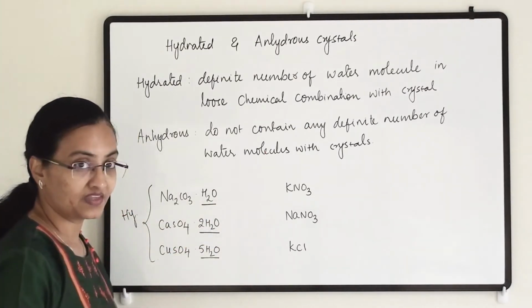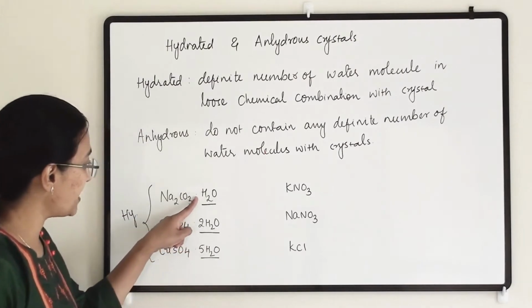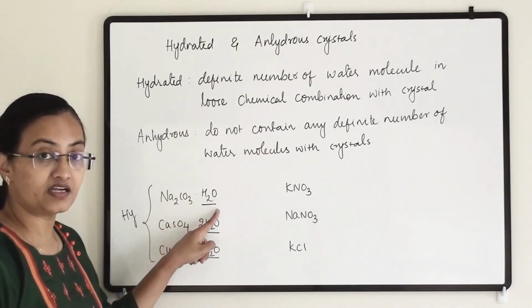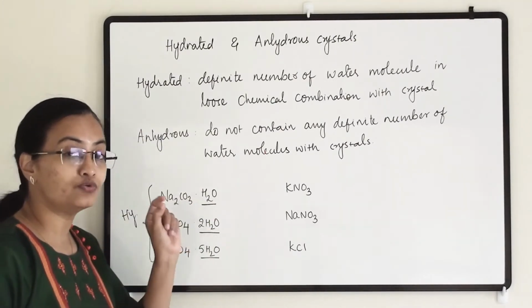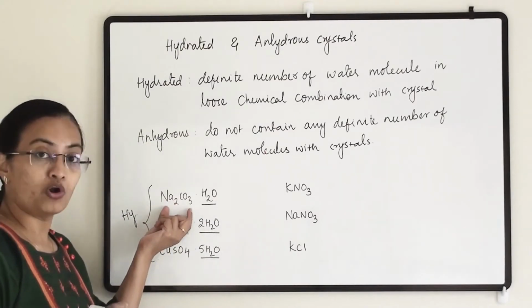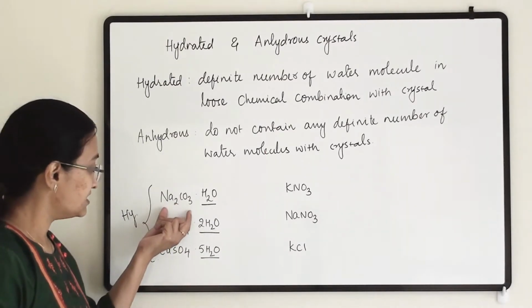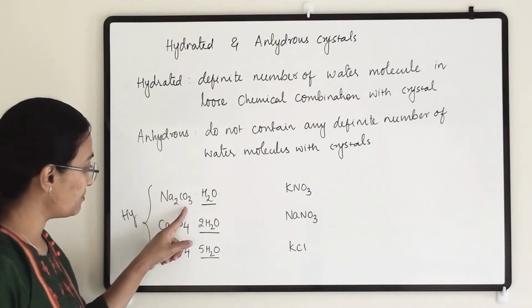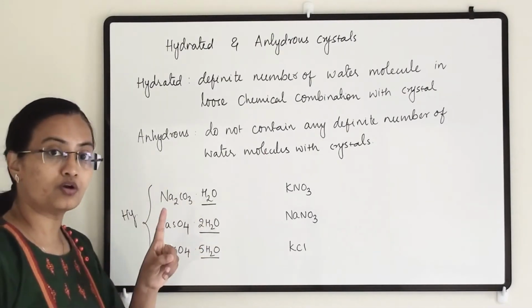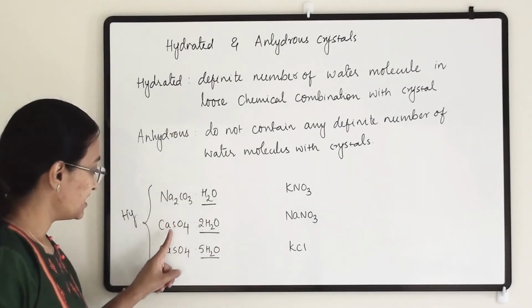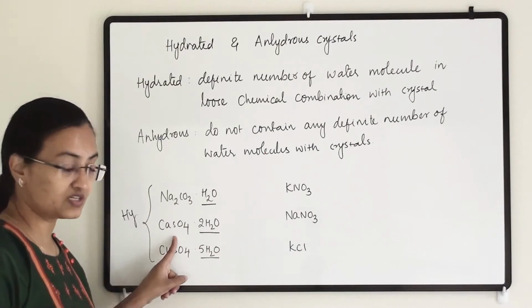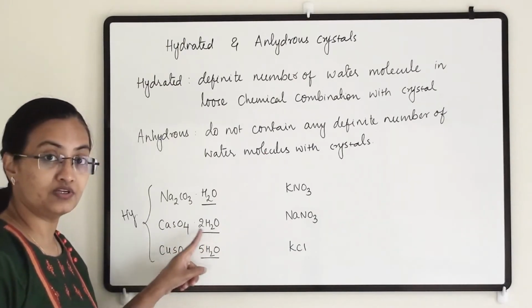We write a dot and then a definite number of water molecules attached to the molecules of the crystal. This is washing soda, sodium carbonate, with only one water molecule attached. CaSO4, calcium sulfate, has two water molecules attached.